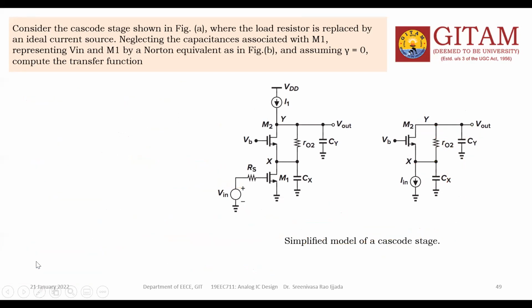So what is that one? Total output voltage Vout is equal to what? VR02 plus Vx. This is the loop equation I wrote. VR02 is nothing but the current to the R02 multiplied with R02.